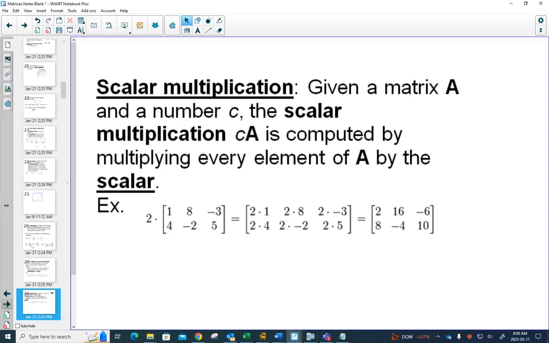So it's sort of like distribution. 2 out in front, every single thing gets multiplied by 2. You're basically doubling the entire matrix. So far, matrix adding, subtracting, and multiplying by a scalar seems to match up with mathematics that we've done in other things.